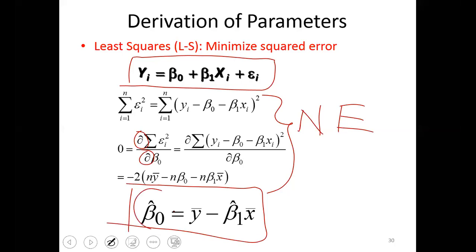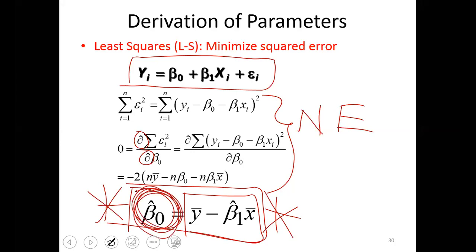This is where we want to predict the value of beta naught. Beta naught depends on y bar minus beta 1 hat into x bar. This is an important equation, you can't forget. Even in the examination, you need this information to calculate beta naught.